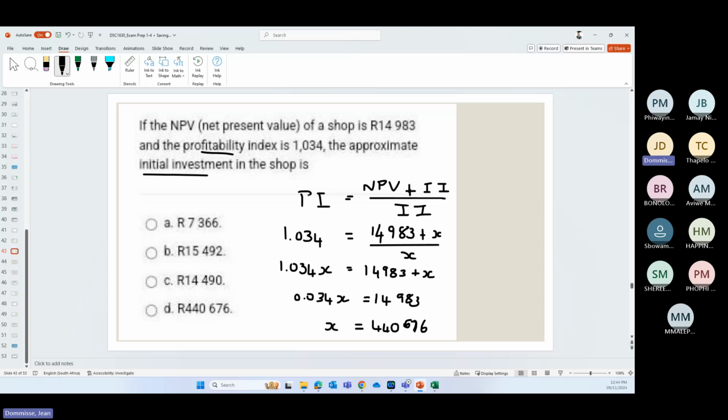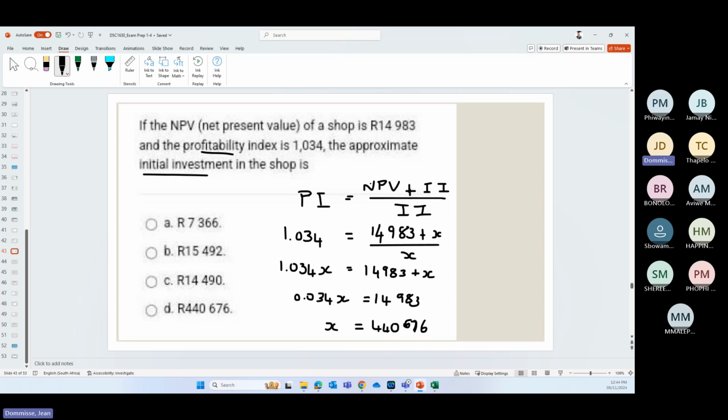So if we look at the profitability index, now that we see the profitability index of this, when you look at the initial investment, very important if you now look at some of these numbers. So we can't really exclude any of them.